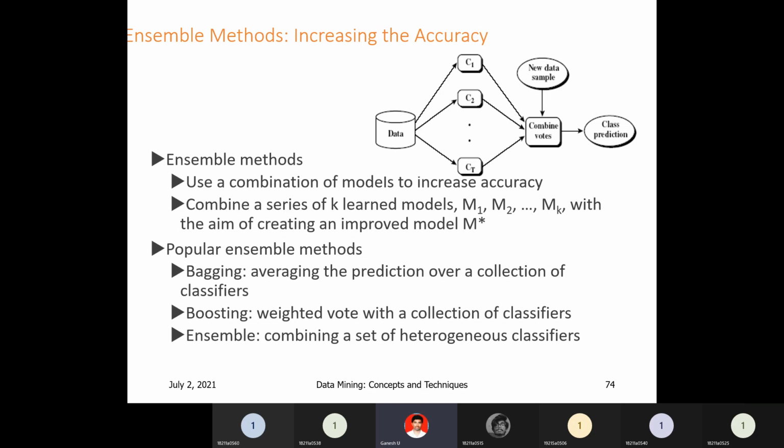For each and every data set we apply some classification. That model, that result, is nothing but the classifiers C1, C2 and so on, Cn. We will combine all these classifiers' results. From all these models we will create a new model. That is nothing but combining.